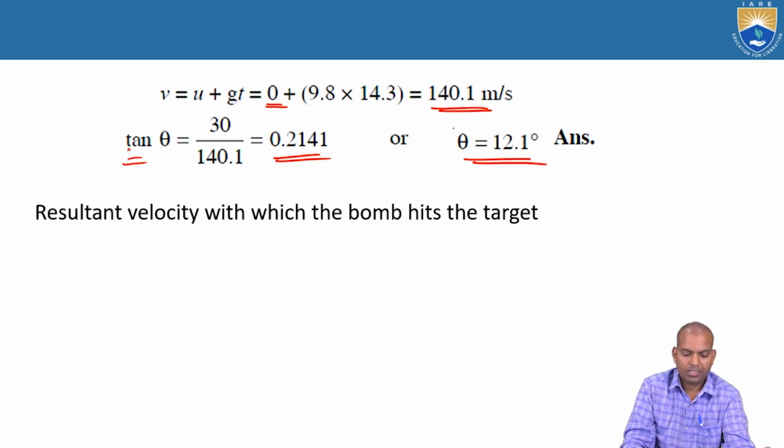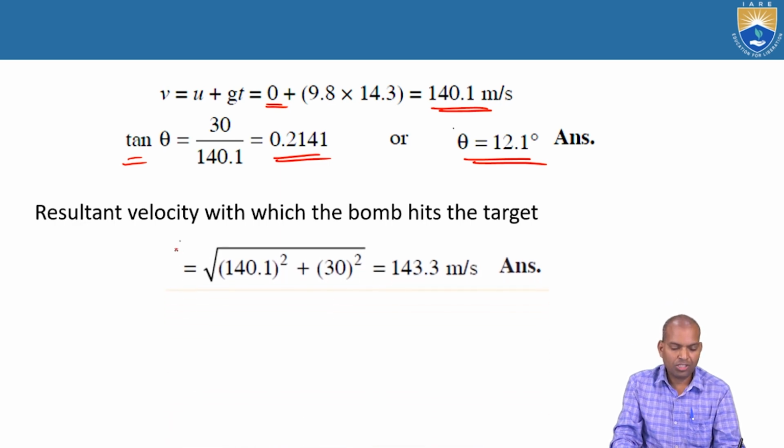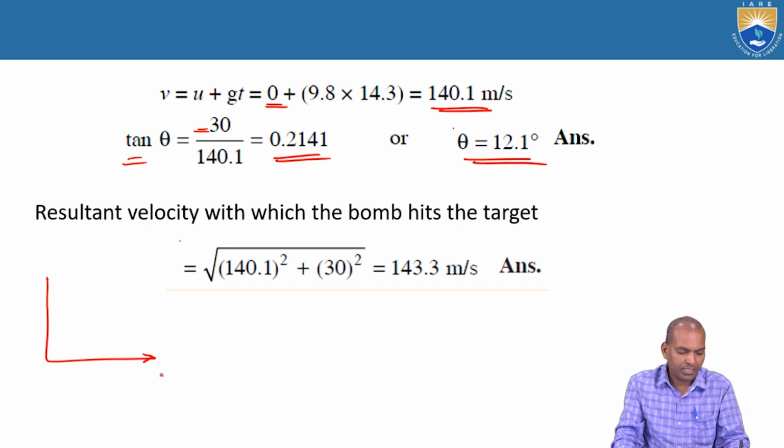Next, the resultant velocity with which the bomb hits the target. What is the resultant velocity? There are two components here. One is the horizontal component, which is 140.1. The vertical component is 30 meters per second.